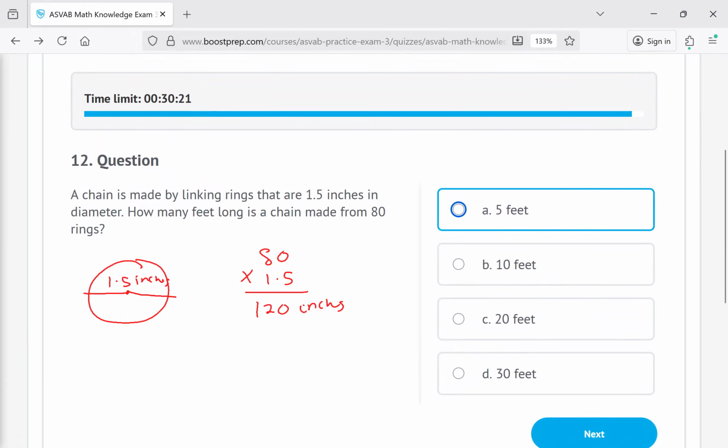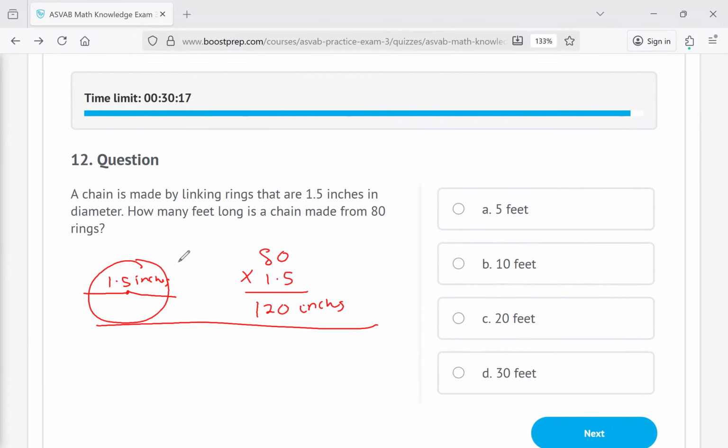So to find the total horizontal length, you just multiply 80 by 1.5, which is 120, right? 80 times 1.5, bring down the one decimal, so that's 120.